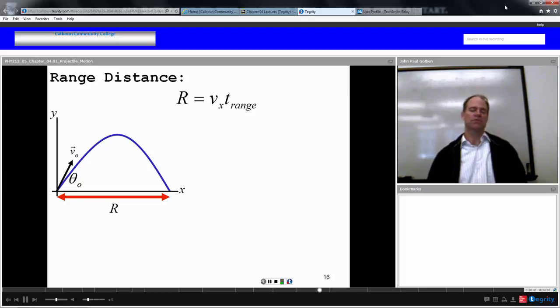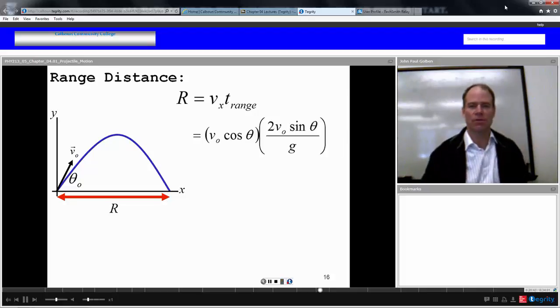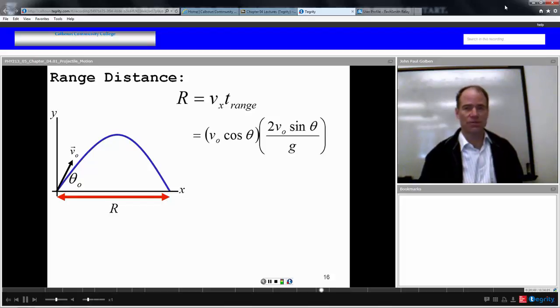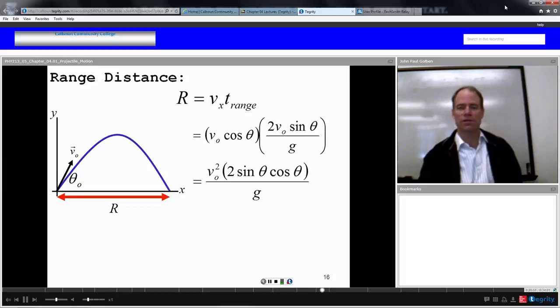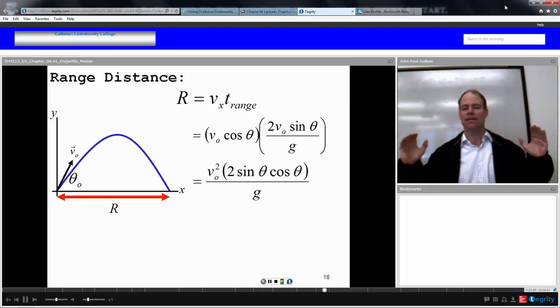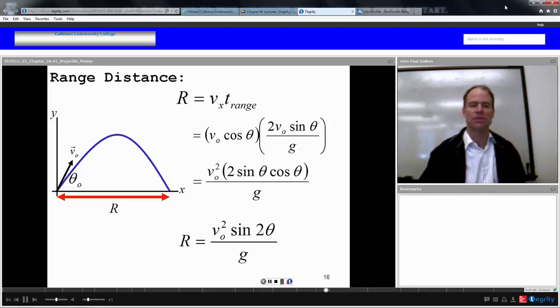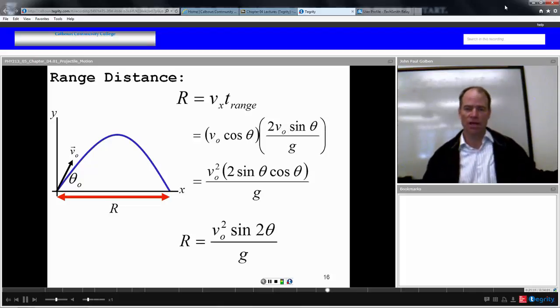Our range is going to be equal to our x velocity times the time that we're in the air. That's going to be v naught cosine theta times 2v naught sine theta over g, which we could rearrange as v naught squared times 2 sine theta cosine theta over g. But 2 sine theta cosine theta is a trig identity, otherwise known as the sine of 2 theta. So we have that our range, how far we're going to go on a level plane, is going to be equal to v naught squared sine 2 theta over g.